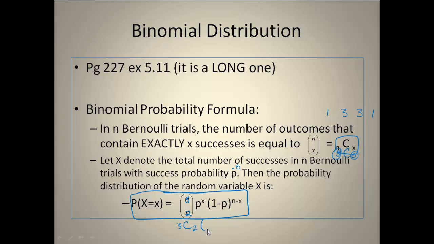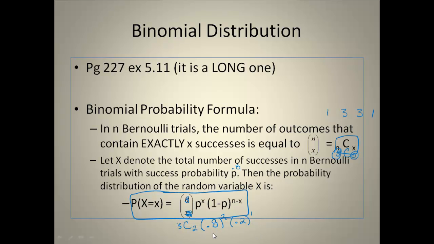My probability of success was 0.8. Then I raised that to the x power. Well, the x power is how many I want to be alive. So I'm going to have 2 of them. And then this 1 minus p is actually my probability of failure. So that is 0.2. And then the n minus x, well, I had 3 to choose from, and I wanted 2, so that's going to be to the first power.